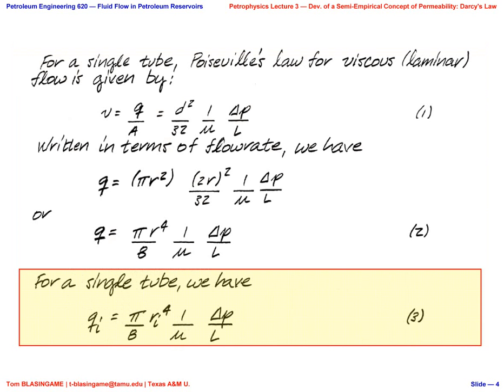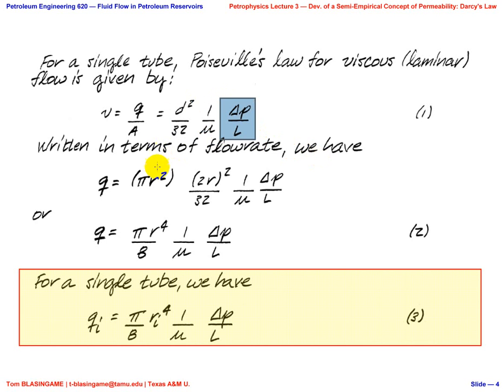Okay, so we'll start with Poiseuille's law, which I'm going to give you. We're going to derive this in a minute, but this is Poiseuille's law. And the first thing you notice is we take the flow rate divided by the cross-sectional area, diameter squared over 32, 1 over the viscosity, pressure drop divided by length, which is gradient.